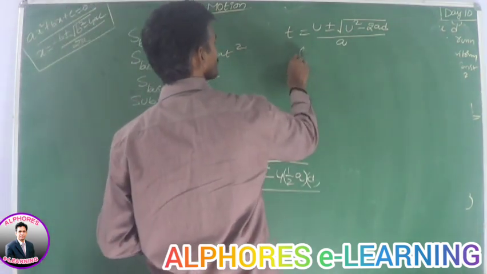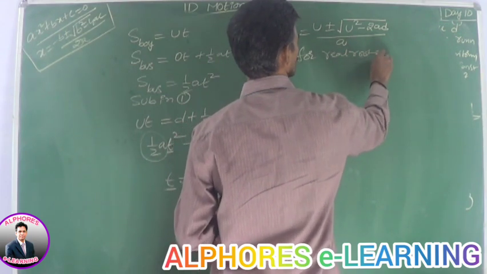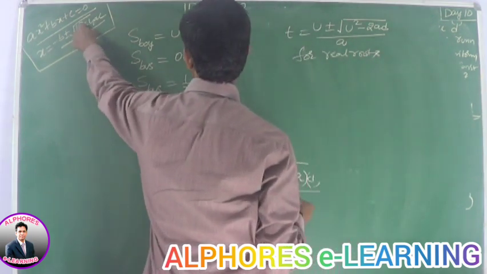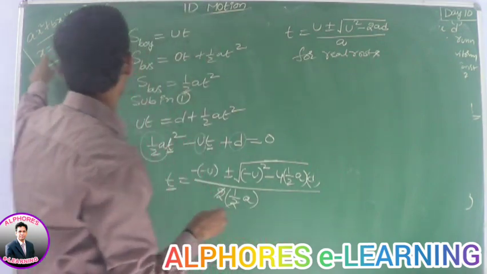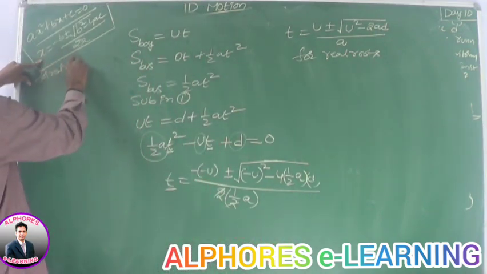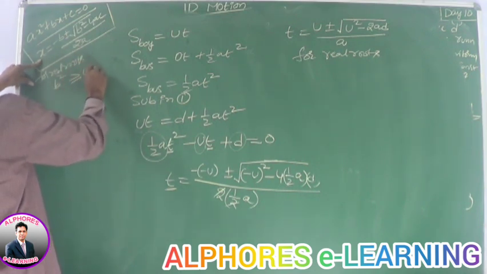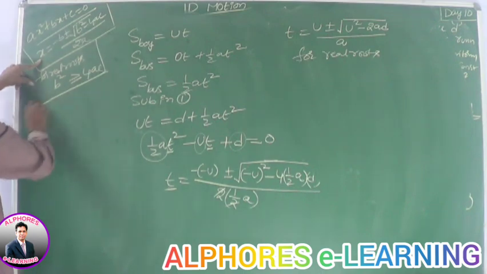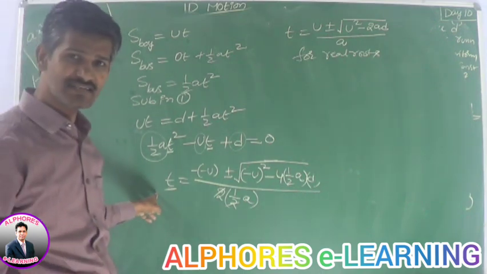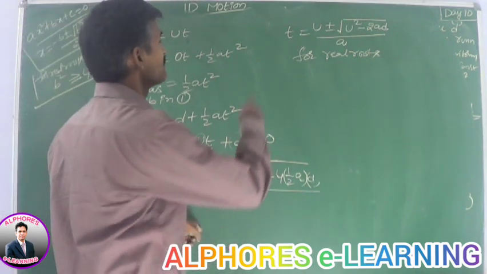For real roots, we already know that b square must be greater than or equal to 4ac. So I am using that concept. If they want the time, you can calculate this time. They are asking the minimum velocity.